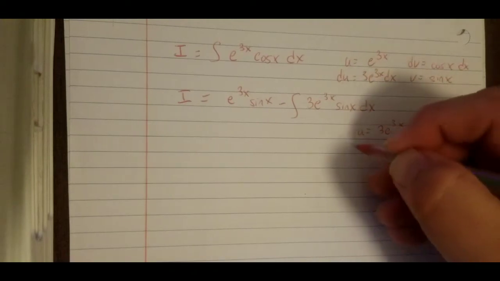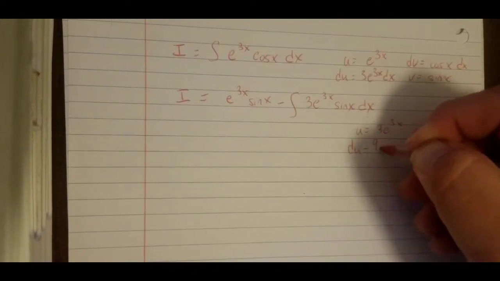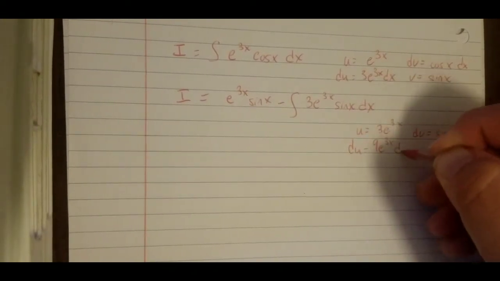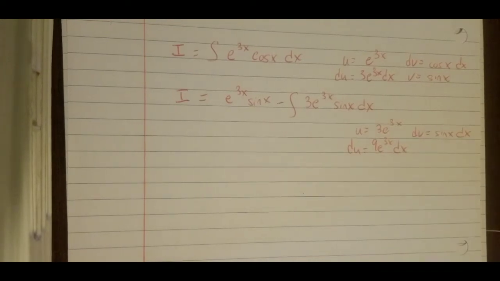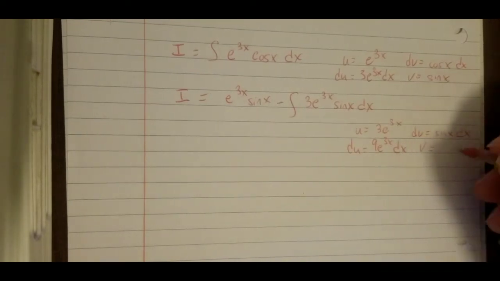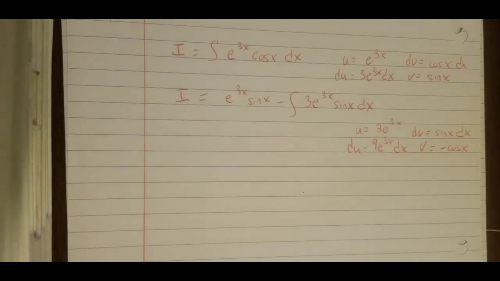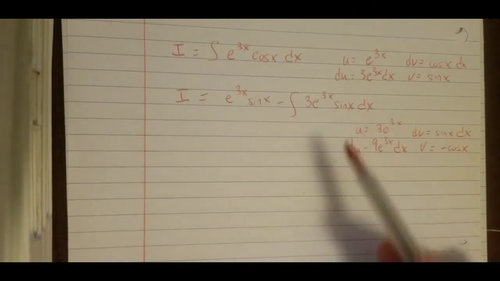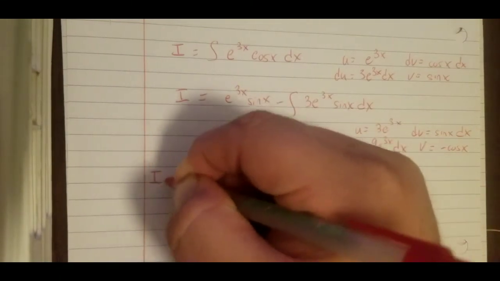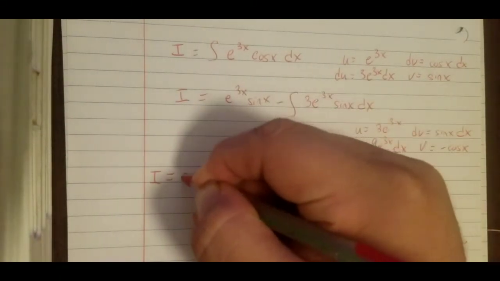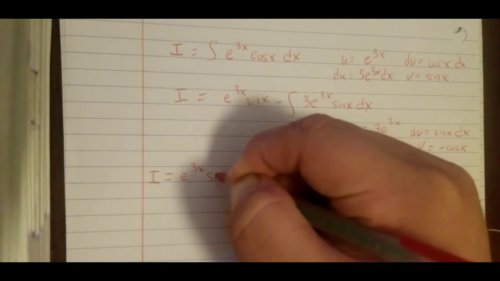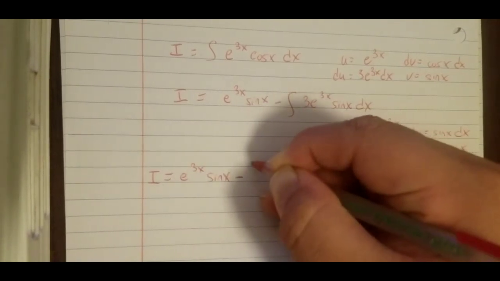So of course, I'll take my derivatives here. Chain rule going on there, so I've got now 9 e to the 3x. My v function is now just negative cosine, so I'm going to have to keep track of those negative signs as I'm running through my process here. So of course, our original integral was e to the 3x sine of x minus this new integral.